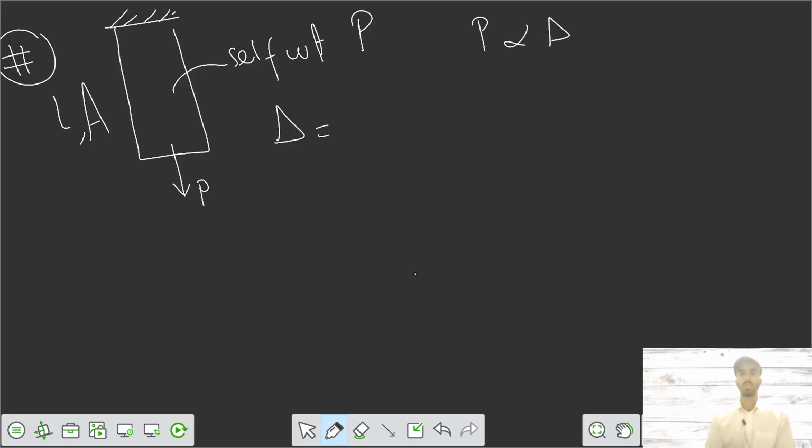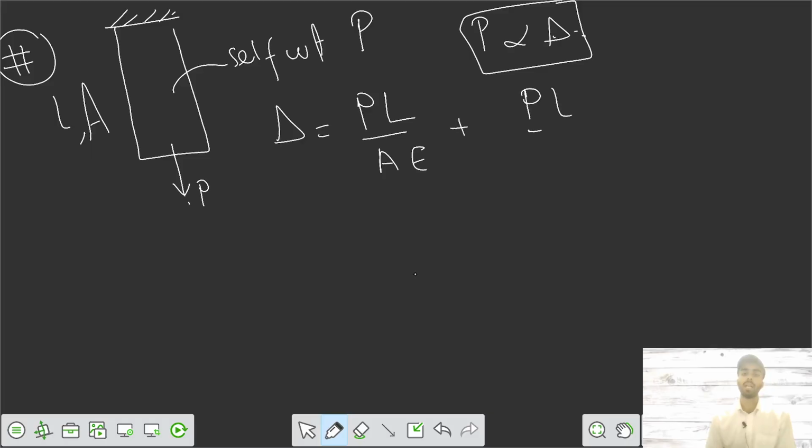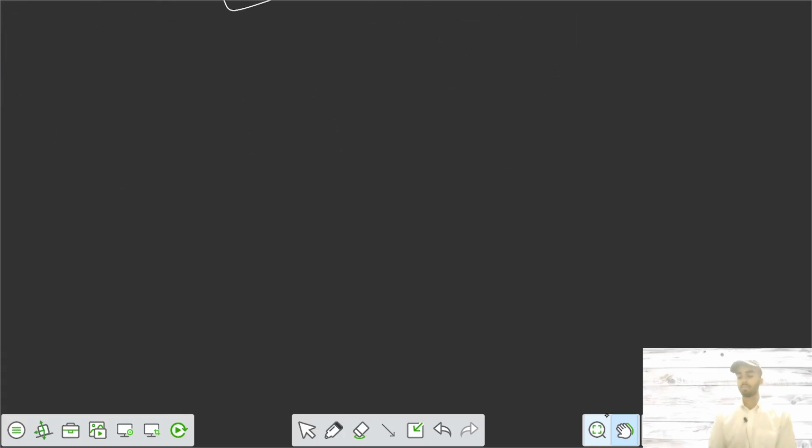We know P is linearly proportional to the effect it causes, that is the deformation, displacement or elongation, contraction. So delta equals, for the external force P, deformation PL by AE, and for the self weight, PL by 2AE. Self weight can be anything. It's a general equation for that.